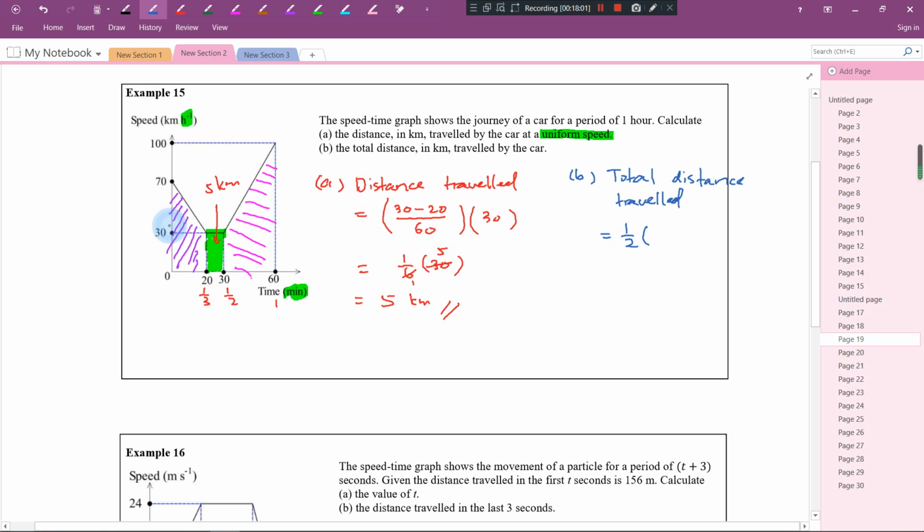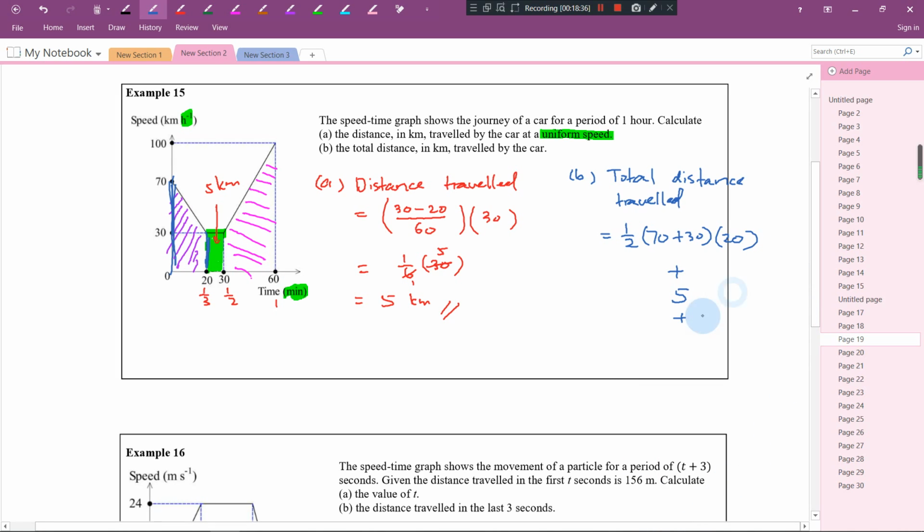Then find the sum of 2 parallel sides. In this case, here and here are 2 parallel sides, which is 70 plus 30. Then times the height of the trapezium, which is 20. Okay, then plus 5 kilometer, and then plus the area for this trapezium.